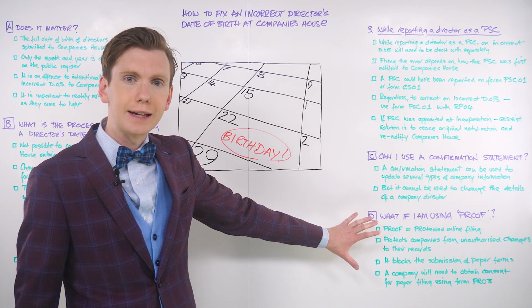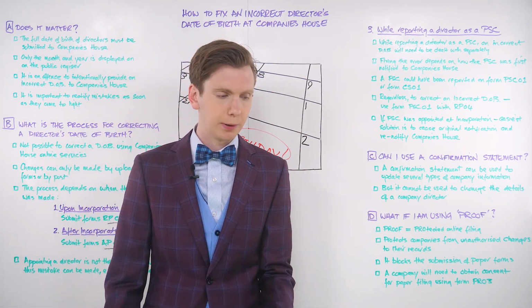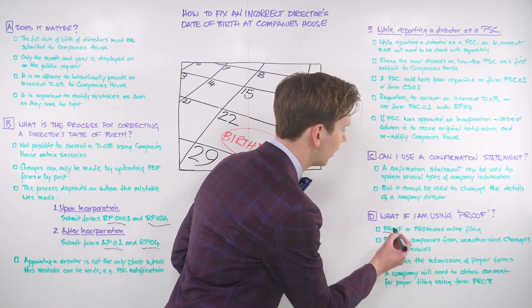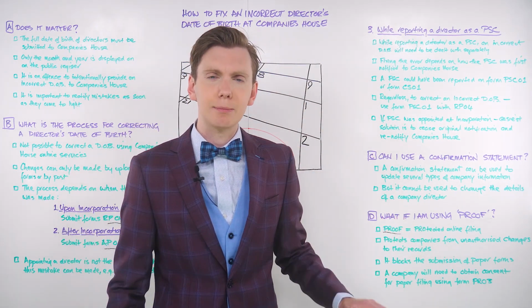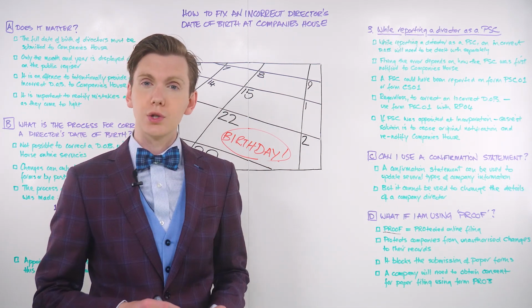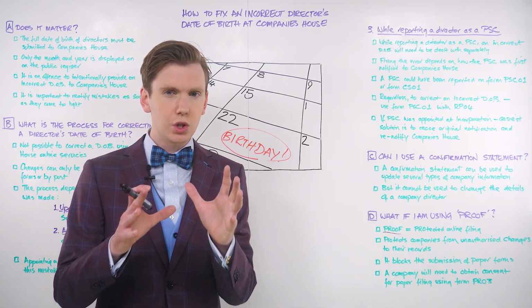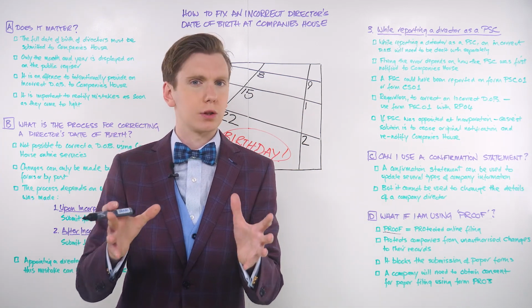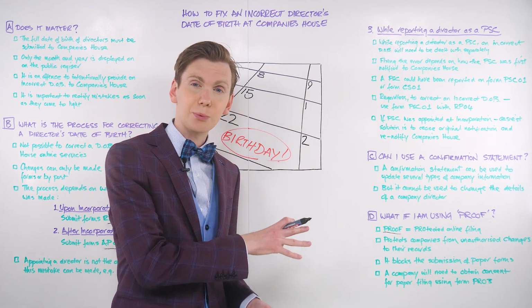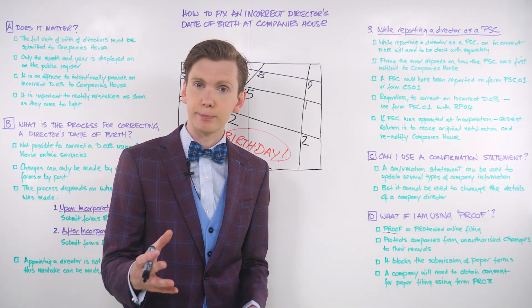And the second one here is, how do you update a director's date of birth if I'm using PROOF? Now, PROOF, or the Protected Online Filing scheme, allows companies to protect themselves from unauthorized changes to their records. It's essentially a prevention of certain paper forms from being filed, and Companies House will reject these once a company has joined the PROOF scheme.